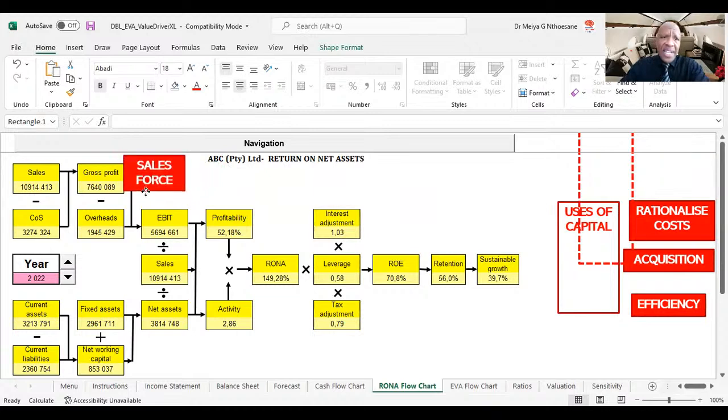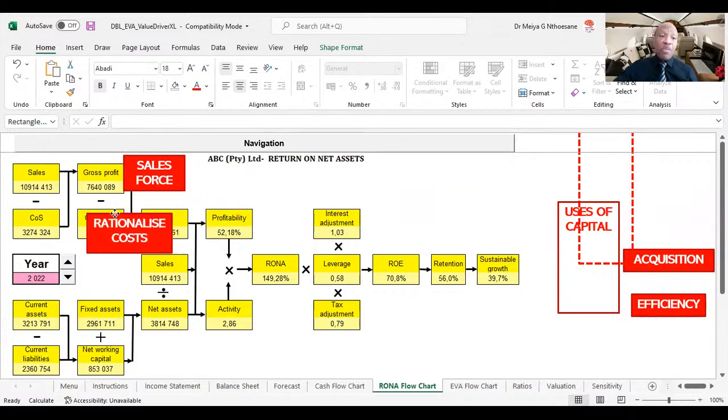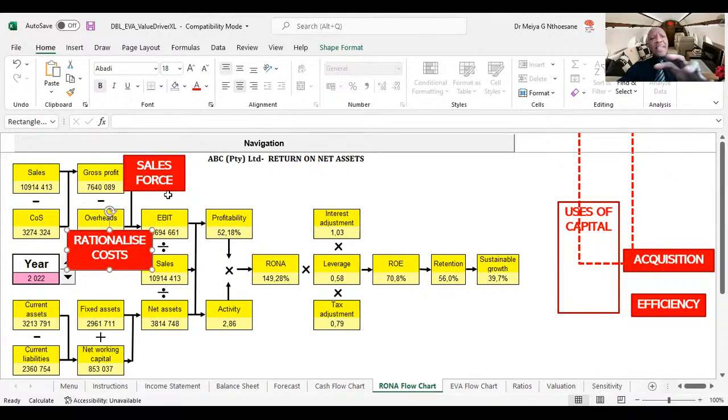The first one communicates our sales force and our sales strategy, our ability to generate income and revenue. And secondly, to be profitable, we need to make sure that we rationalize and manage our costs. These two put together lead to profitability.